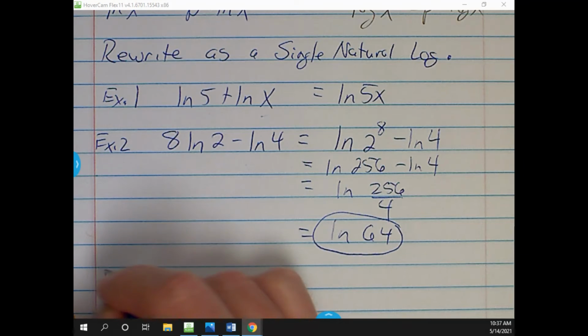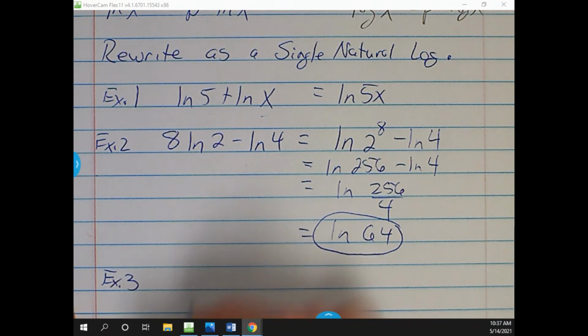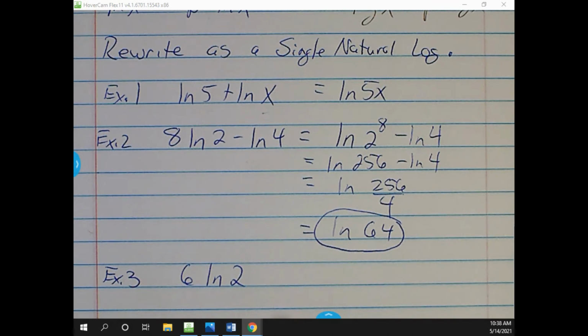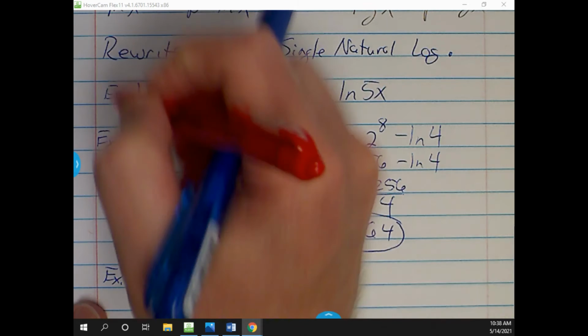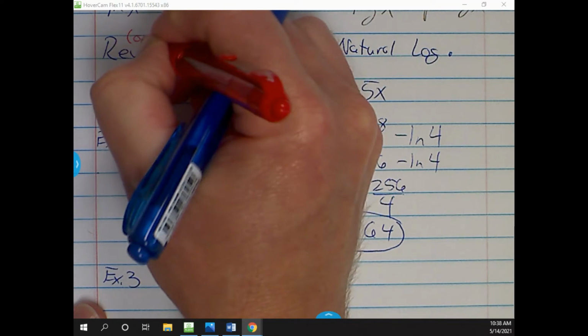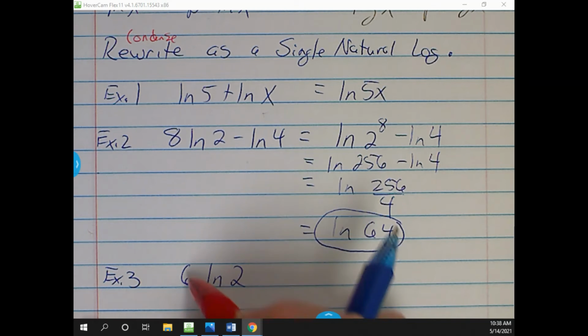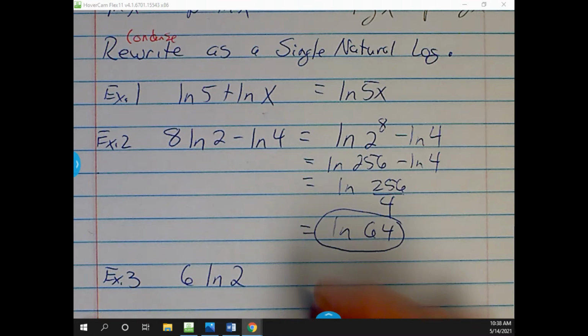Now, this is one I don't particularly like the way it's written, because it's already written this way. To me, this is where they should have said condense instead of rewrite, because this already has just the one natural log in it, but they still want you to rewrite it. So for that one, what we've got to do is still take this 6 and bring it up here as the exponent.